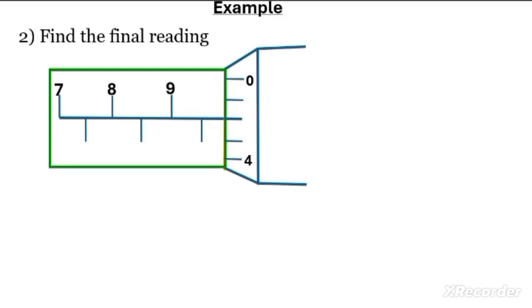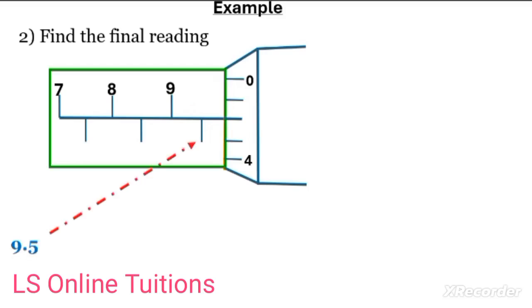So this is 7.5, 8, 8.5, 9, 9.5. So the mark on the main scale is 9.5.